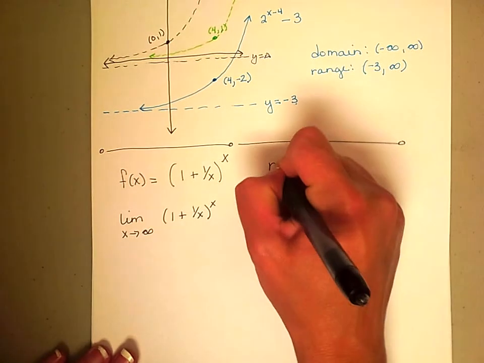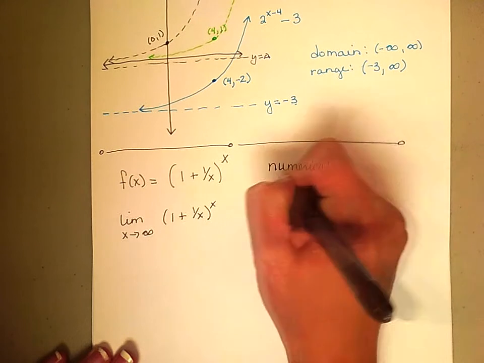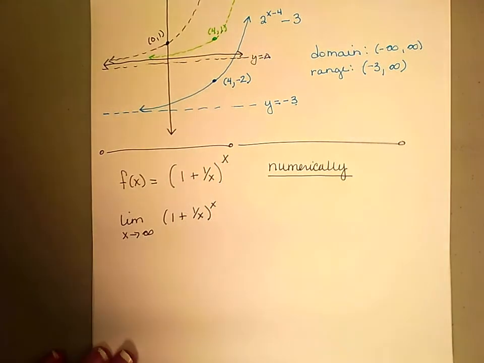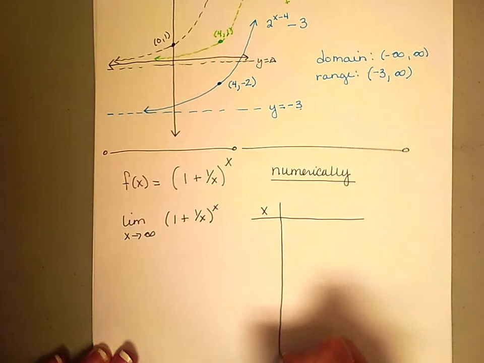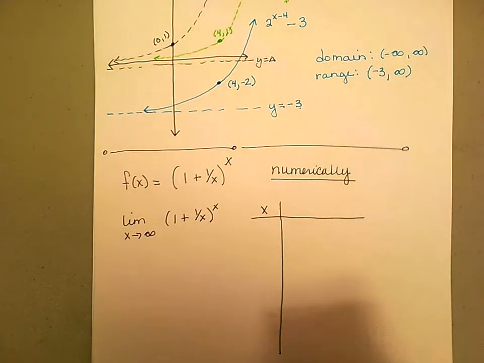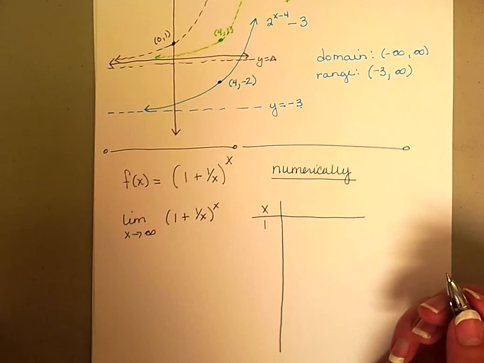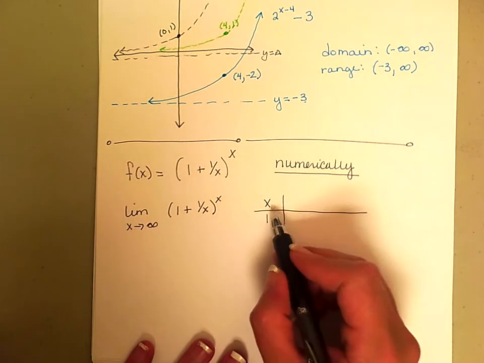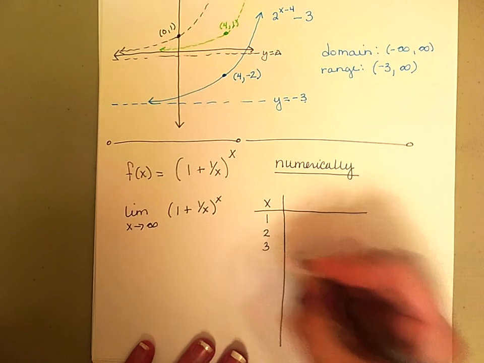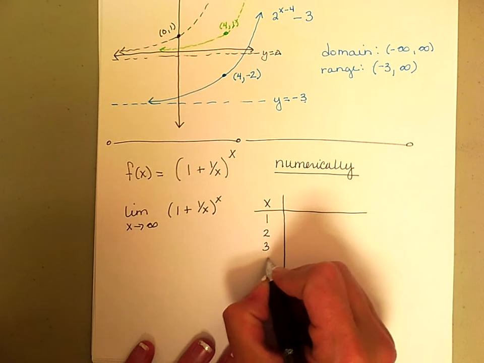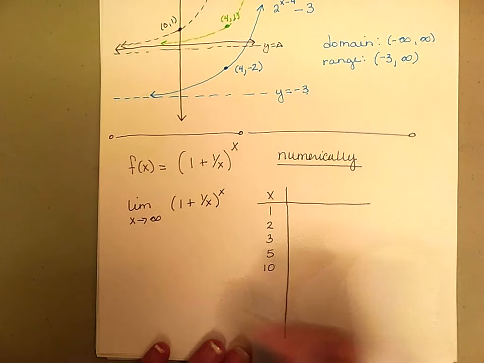Okay? And to do it numerically means to make a table of values. So we could consider things like 1, 2, 3, then we could go to say 5, and then 10.